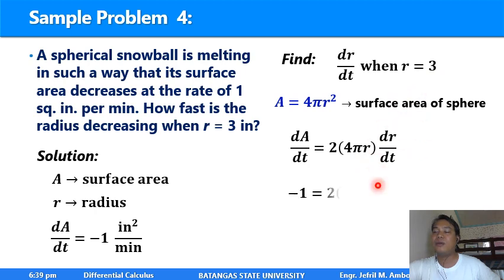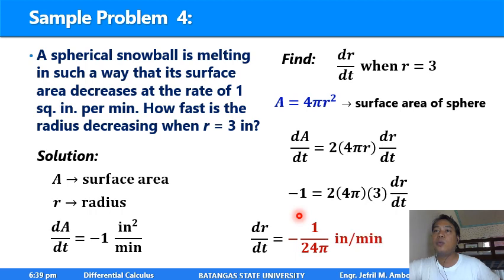Now, we are ready to solve for dr over dt. To get dr over dt, we just divide this negative 1 by this entire expression. We will get 2 times 4 is 8 times 3 is 24. So, that will give us negative 1 over 24 pi.